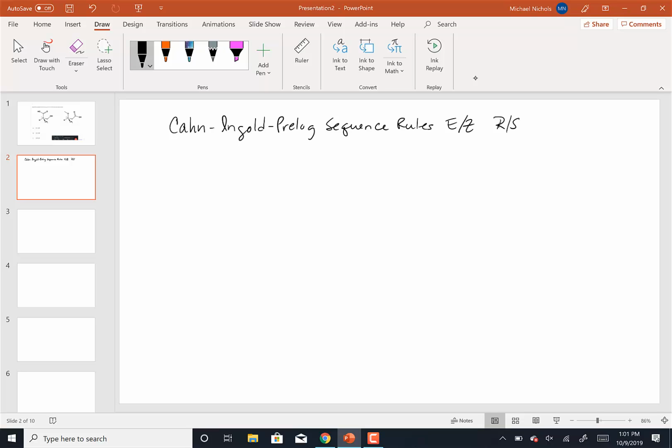In the E and Z case, just to clean up the rest of chapter 5 and the beginning of chapter 6, when we have our non-alkyl groups attached to the double bond, in this case 4, we have to use the sequence rules to judge priorities of the groups.